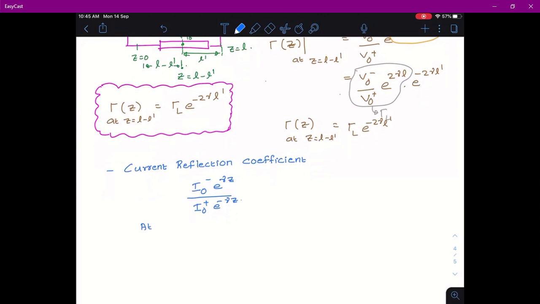At the load, this ratio is, as we saw in the voltage, I0 minus e raised to gamma L by I0 plus e raised to minus gamma L. And this is equal to actually minus tau L, where tau L is the voltage reflection coefficient at the load.